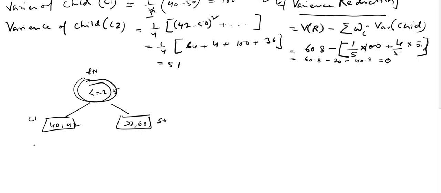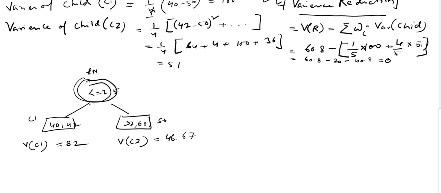So we'll do the calculation again, and in this case the variance of C1 will come 82 and the variance of C2 will come 46.67.